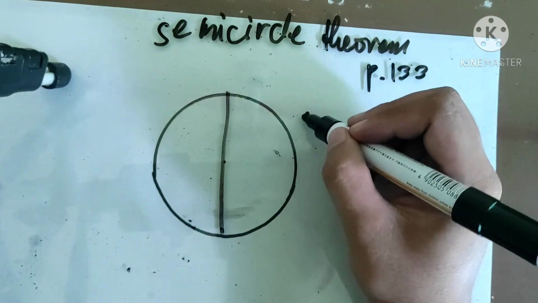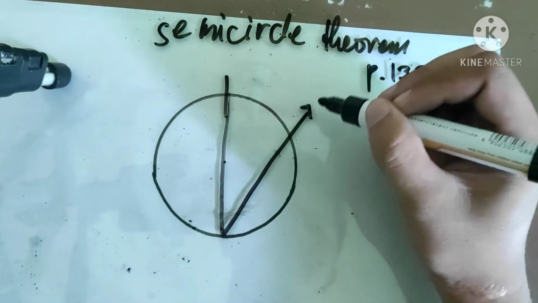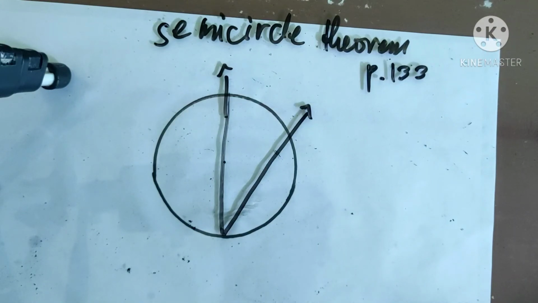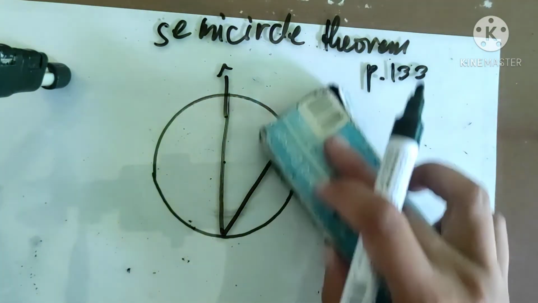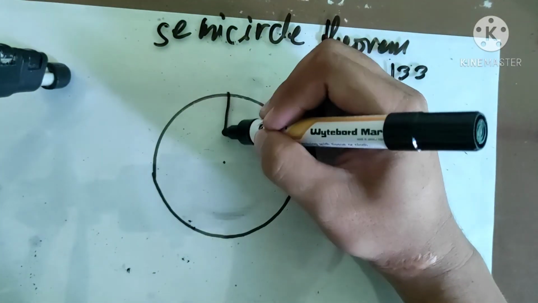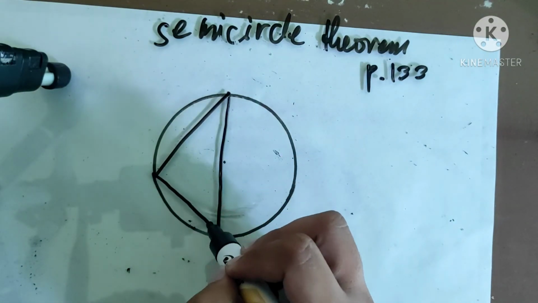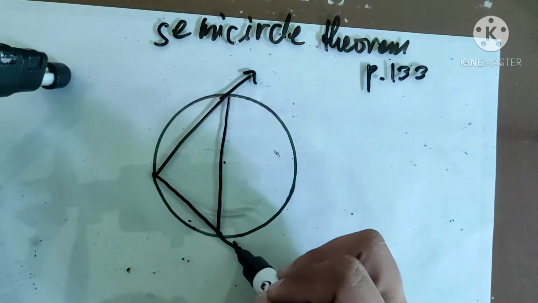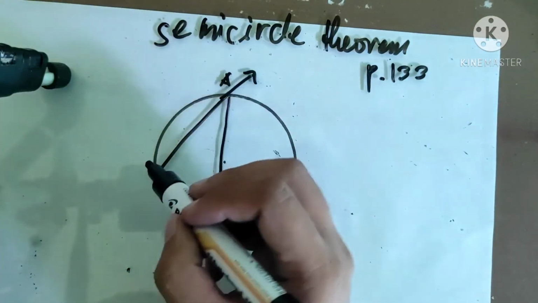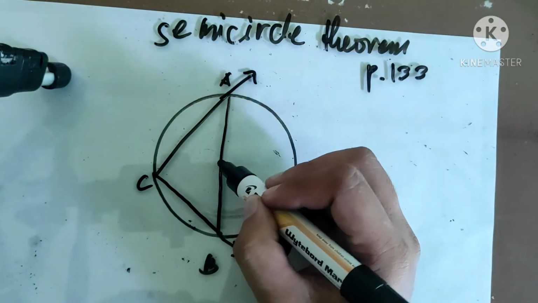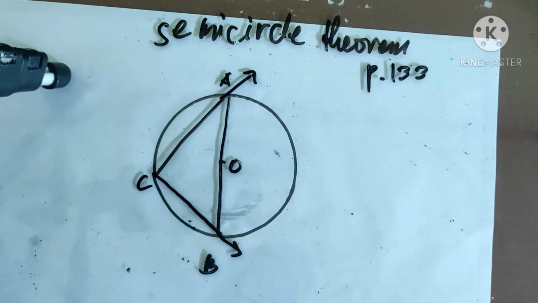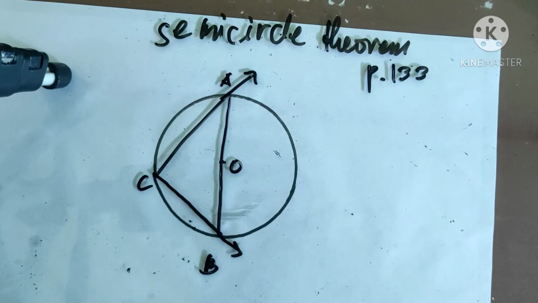And then, mali pala, diameter. We have angle A, CB, center O. Okay. So, sabi daw dito sa semicircle theorem, an angle inscribed in a semicircle is a right angle.